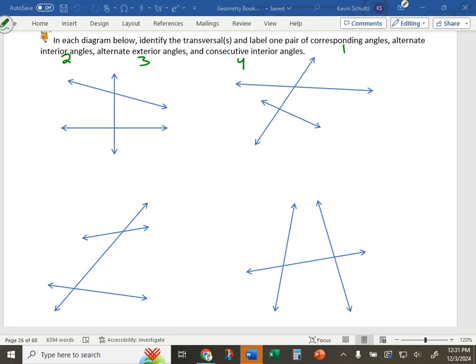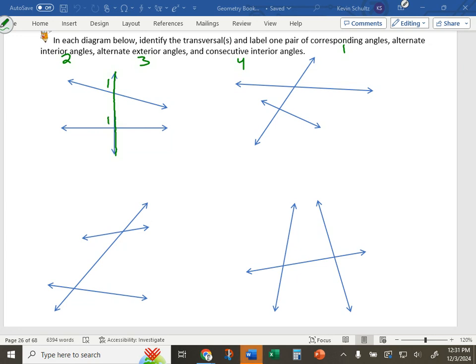So in this first one, the transversal is the line that creates more than one intersection point. Eventually, these lines here will cross. Okay? But that point of intersection is not shown. Therefore, they're not considered transversals at this stage. So our transversal is coming down here. And if you wanted to identify a pair of corresponding angles without using colors, you could put a 1 here and a 1 here.